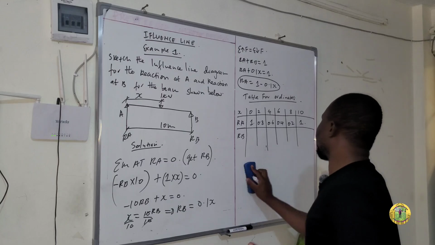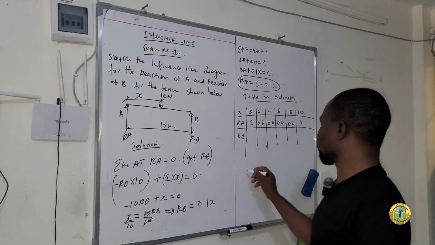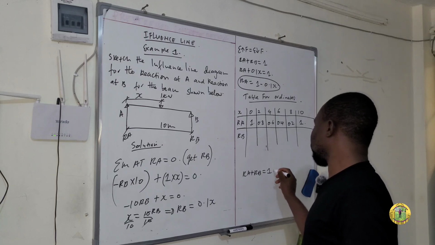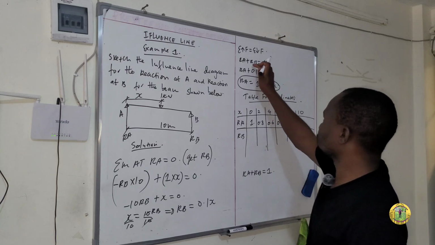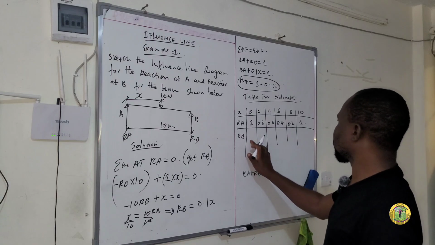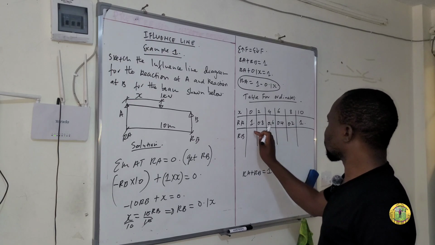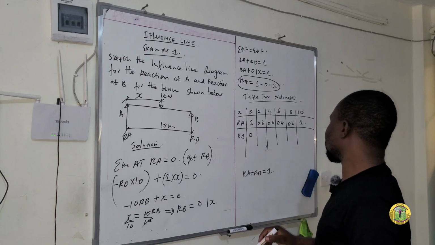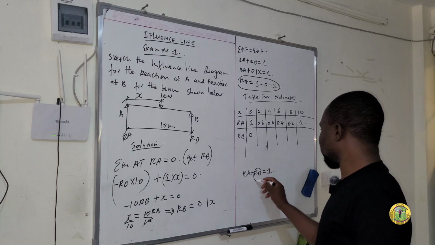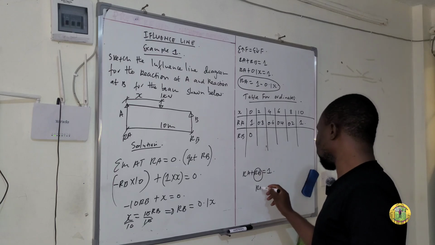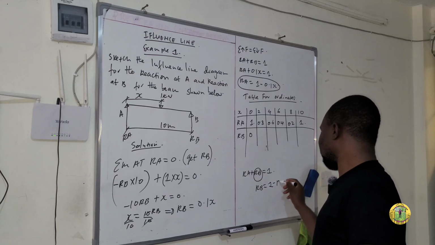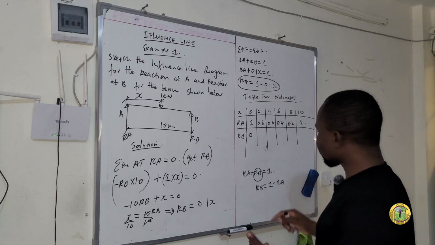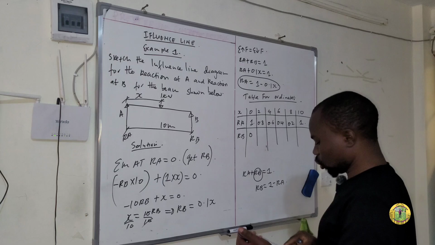And because RA plus RB is equal to 1, to get RB, make this the subject of the formula. So RB is equal to 1 minus RA. Like that. So when you come to this one, take 1 minus 0.8.